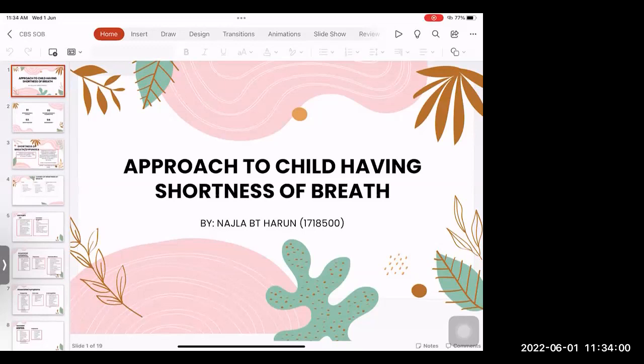Also in the pediatric population, thalassemia, but the parents would notice it over a period of time rather than acutely. Also in thalassemia, they tend to have hepatosplenomegaly, so sometimes it's associated with abdominal distension.